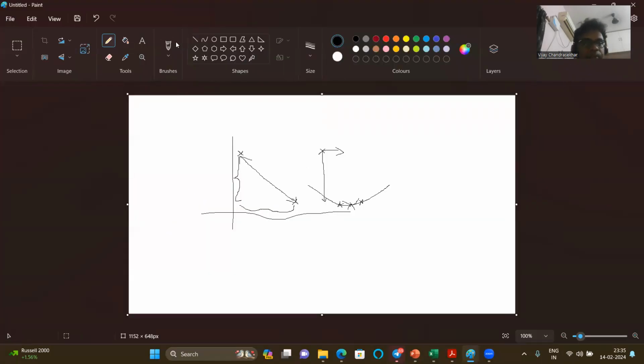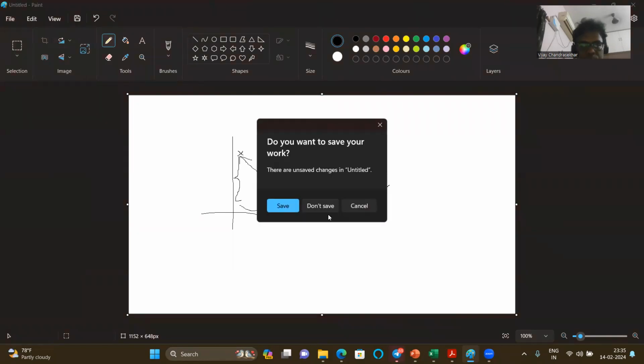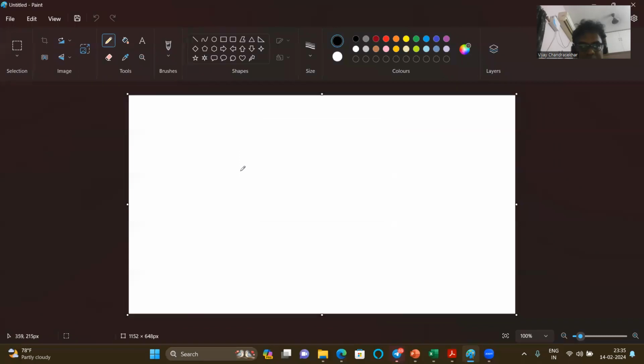So let's say the function is x squared plus y squared. Can somebody tell me what is the second order partial derivative?